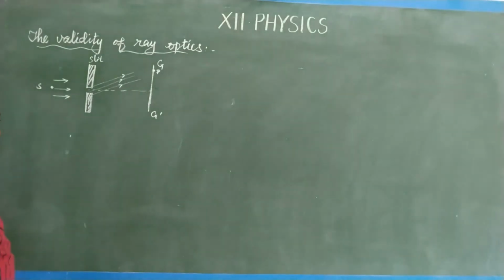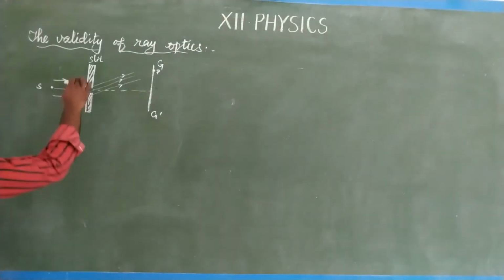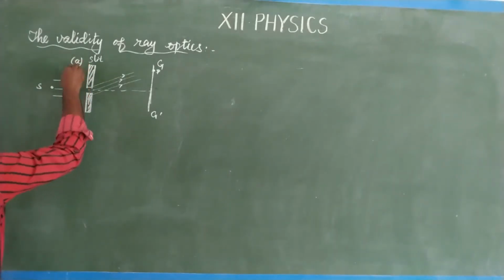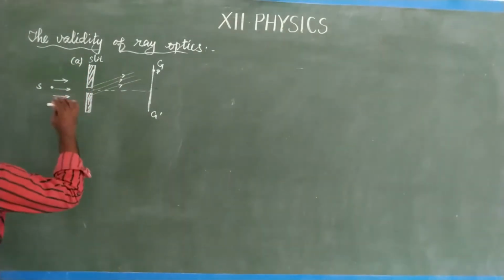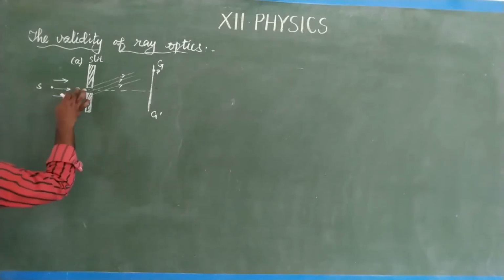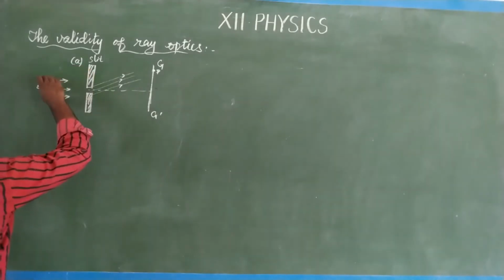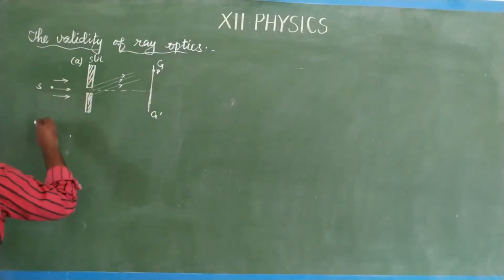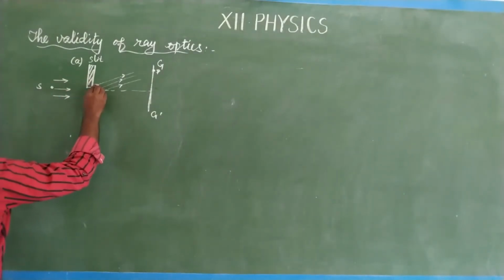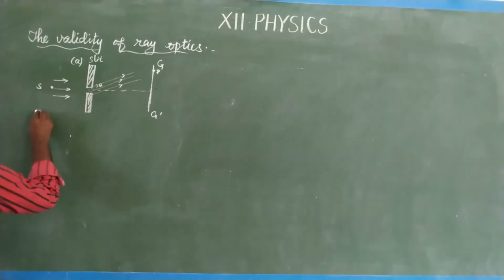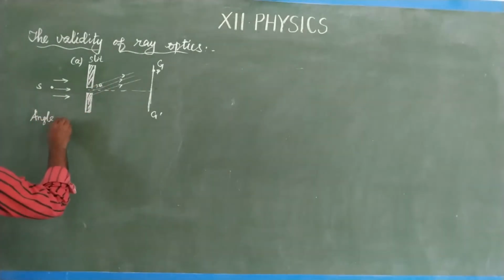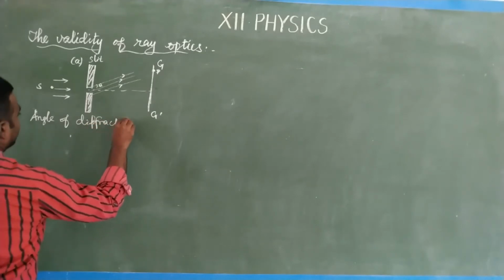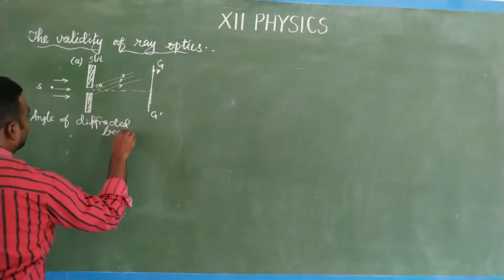Let G and G dash be the screen, and P a point at which we observe the diffraction phenomenon. Here A is the slit width. The slit of width A is illuminated by a source with a parallel beam. What will be the angle of the diffracted beam?